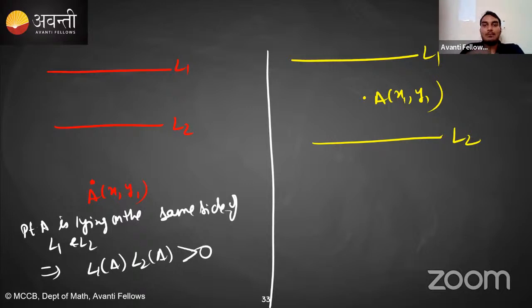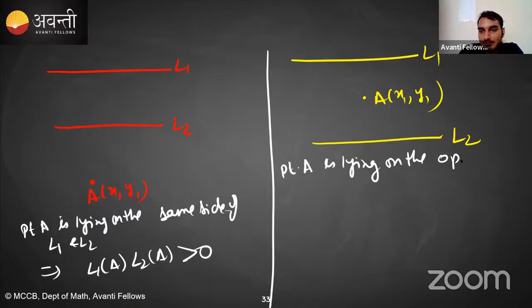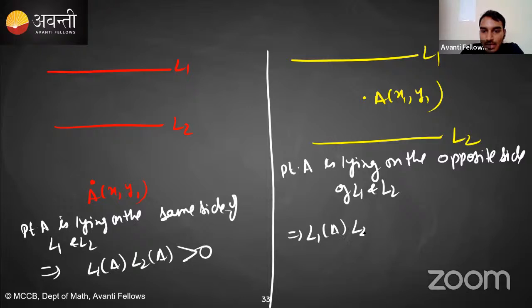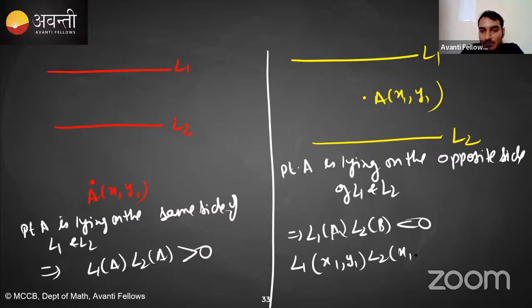With respect to L2, point A is lying above L2. So point A is lying on the opposite side of L1 and L2. So it implies L1(A) into L2(A) is less than 0. That is, in L1 replace (x1, y1), and in L2 (x1, y1), you will get negative sign. Clear?